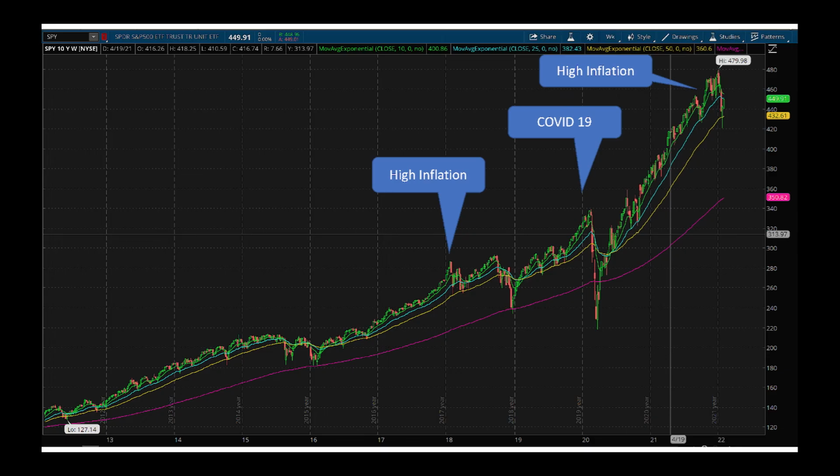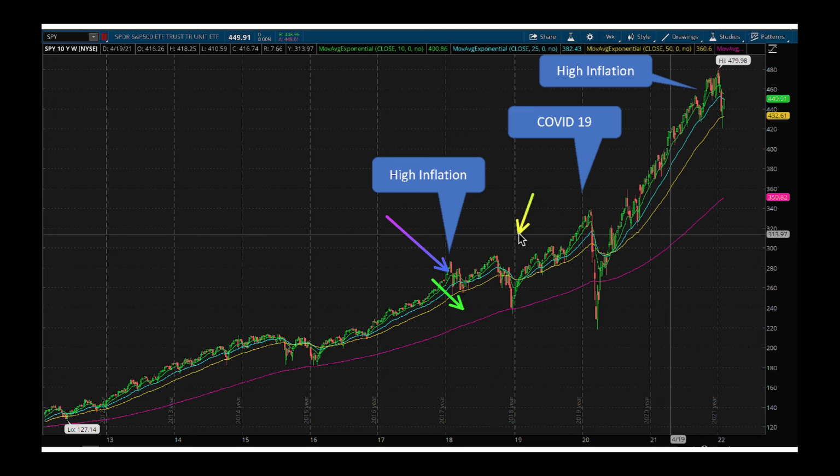And then we got here a quick summary for you, so that way you can ground yourself and invest slowly in great names. Look, we got the S&P 500 here over the period. And as you see here, we got a high inflation environment back in 2018. The stock market came tumbling down, as you can see here.